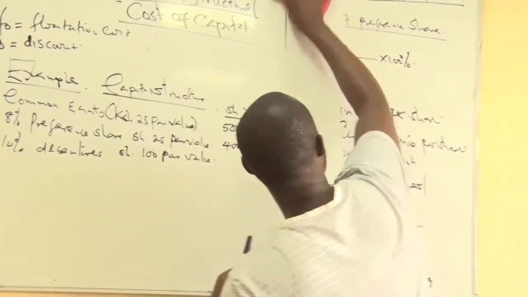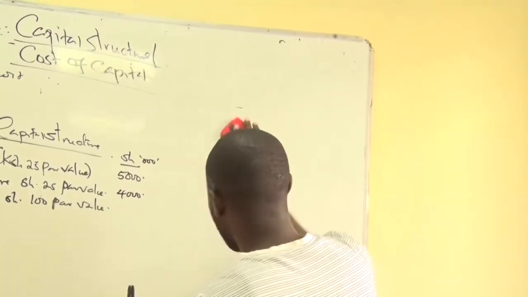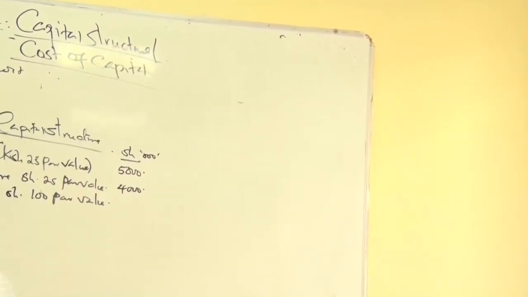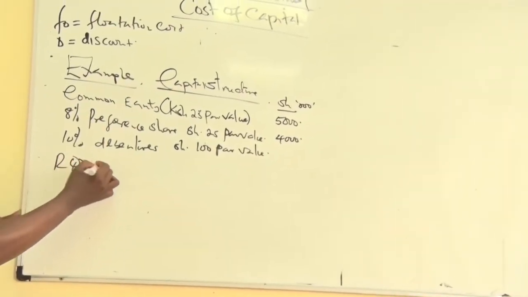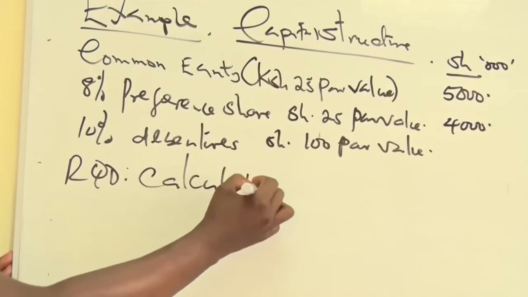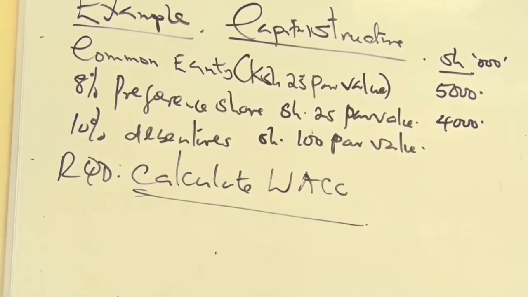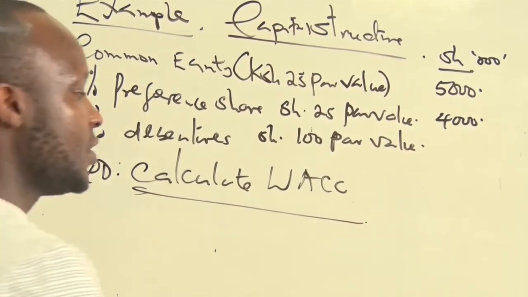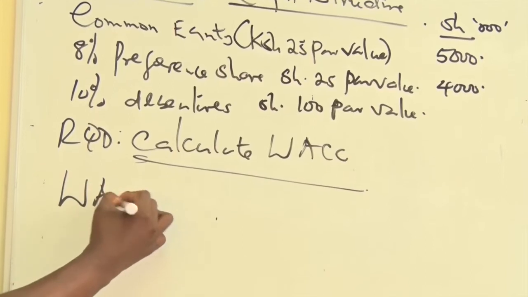So how do you calculate the company's weighted average cost of capital? You are required to calculate WACC, the weighted average cost of capital. A good student, the first thing, you just write the formula.